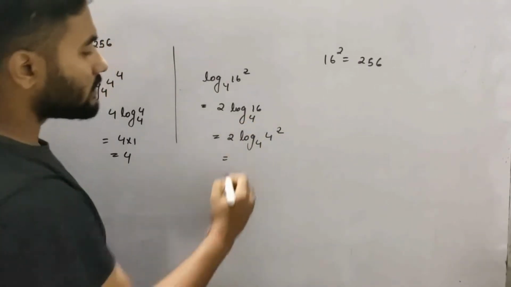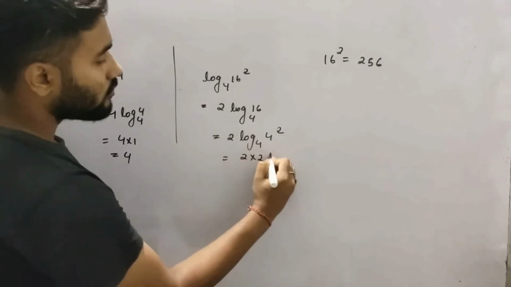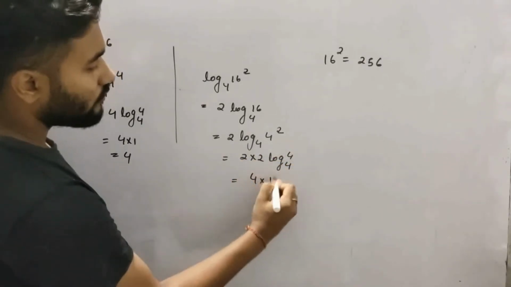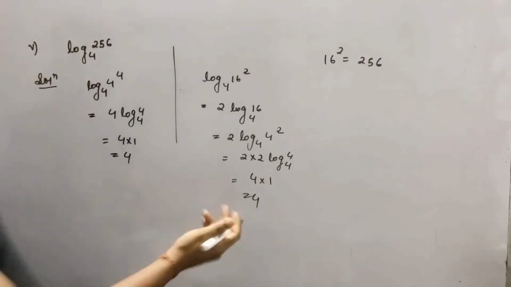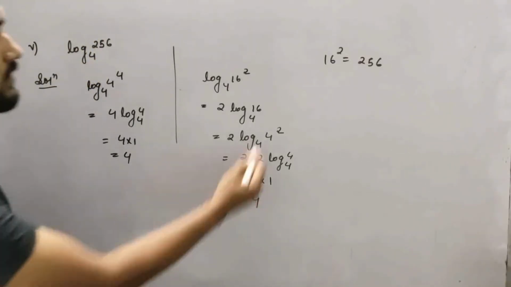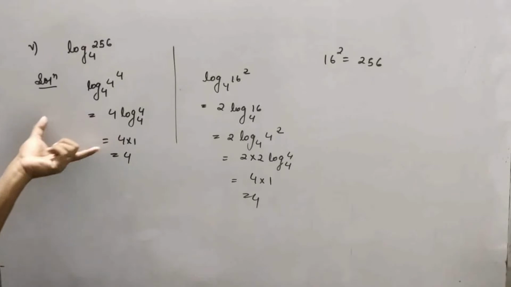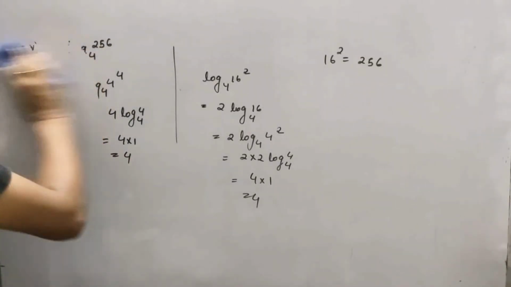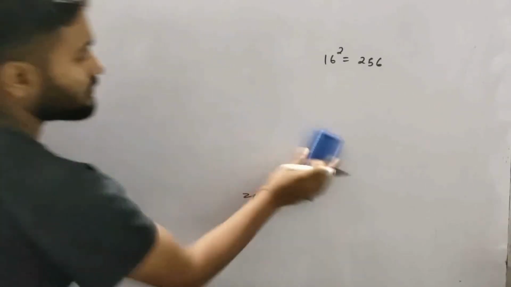Again this 2 will come to the front, so 2 into 2 log 4 base 4, 4 into 1, that is 4. So anyhow you will get the answer, but twice we have to do, so more number of steps. Understood?